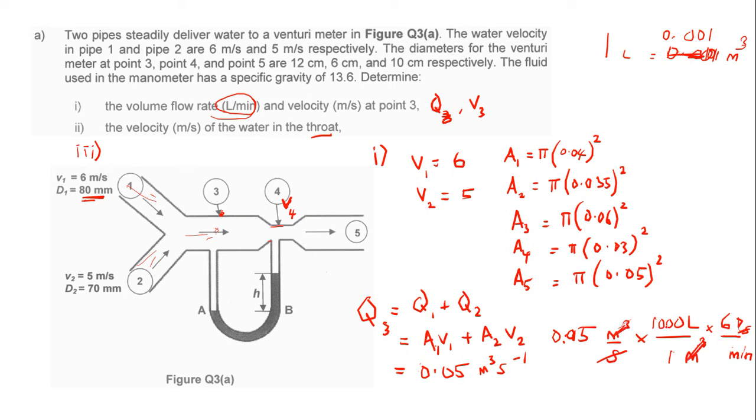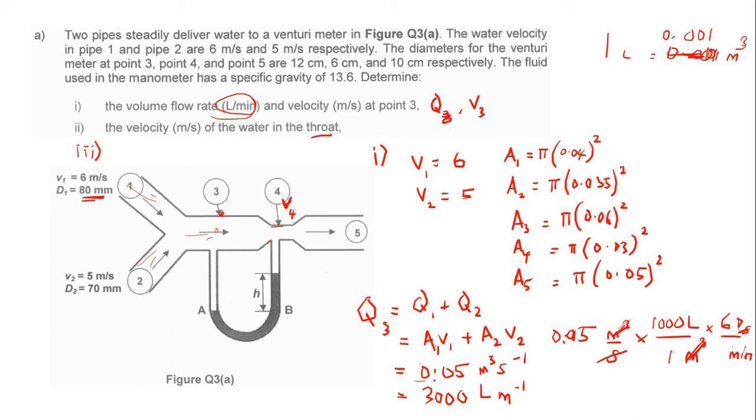So it will give you the answer in liter per minute. What is the answer? 3000 liter per minute. 0.05 times 1000 times 60 is 3000. So please be careful with what unit they ask you. You need to give the answer in that unit.